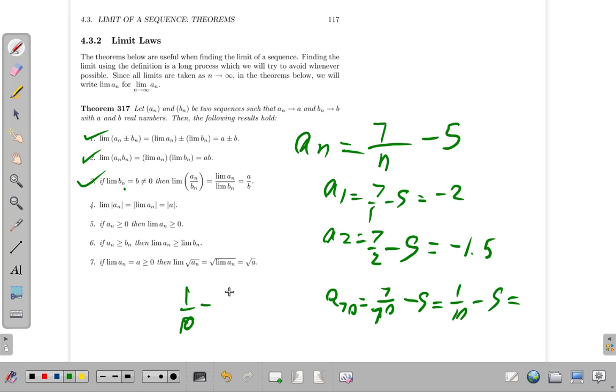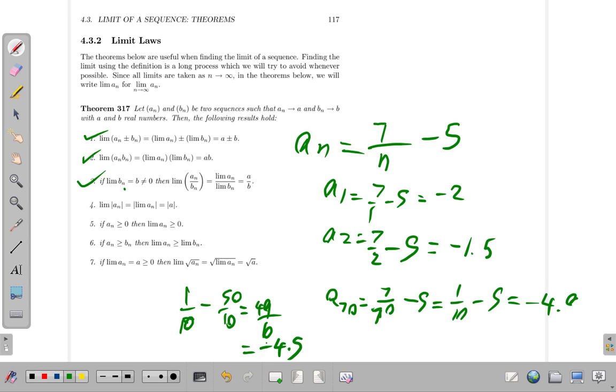1 over 10 minus 5 over 1. This is the same as 1/10 minus 50/10. Alright? So in this case, we have negative 49/10, which is negative 4.9.